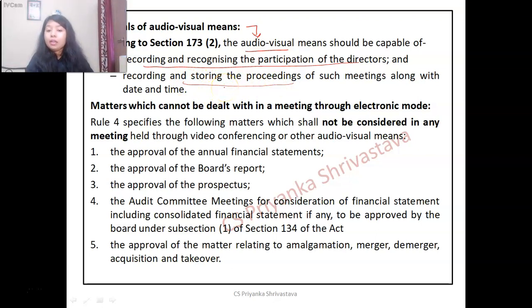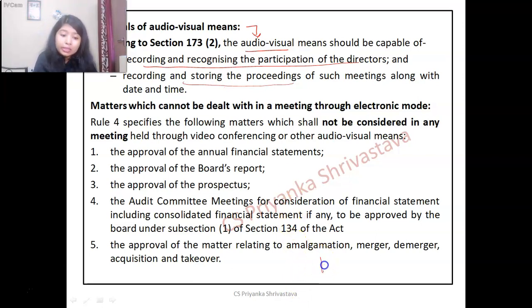So we are able to record and store the proceedings of the meeting along with the date and time of the proceedings.